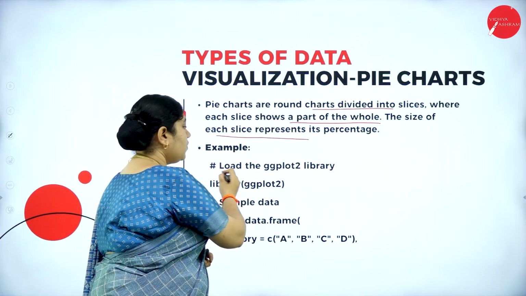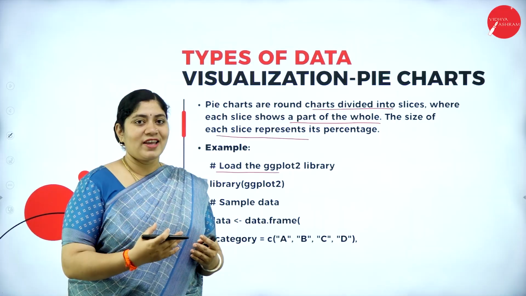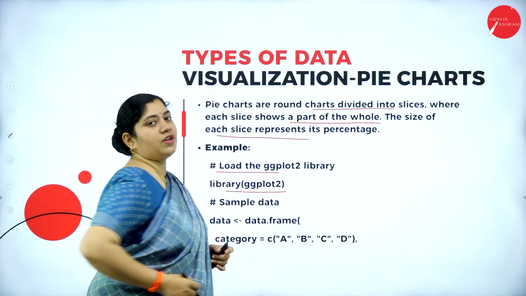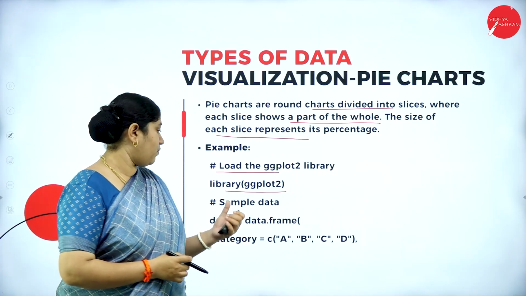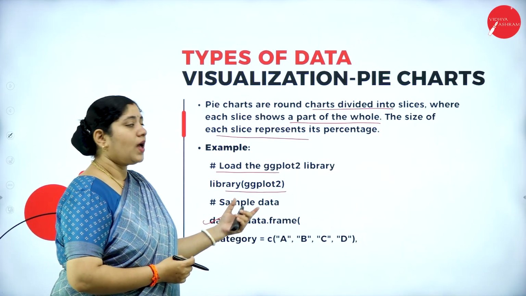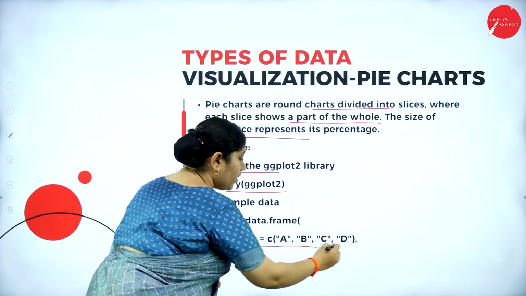Now again, we are considering an example by defining our ggplot. So now I'm calling the library ggplot2, followed by defining a sample data set where I'm defining the data frame. So what is my data frame?